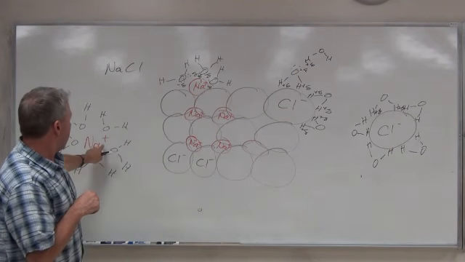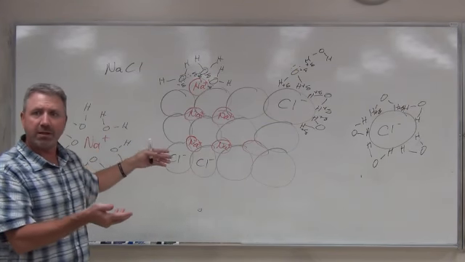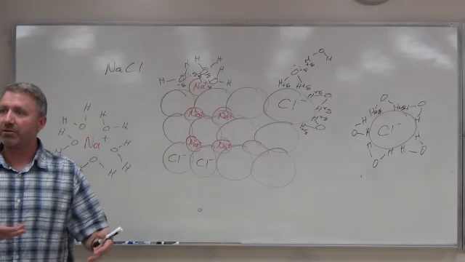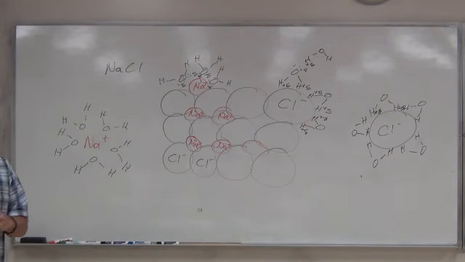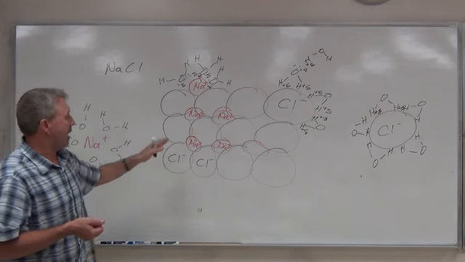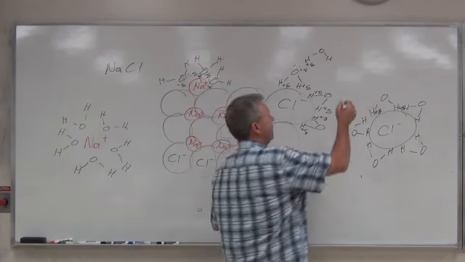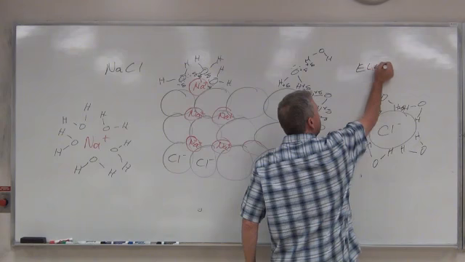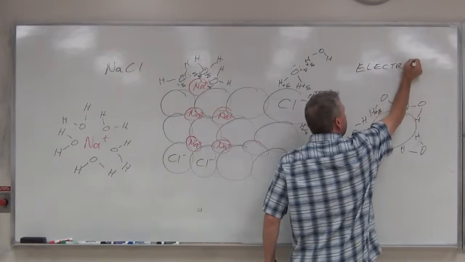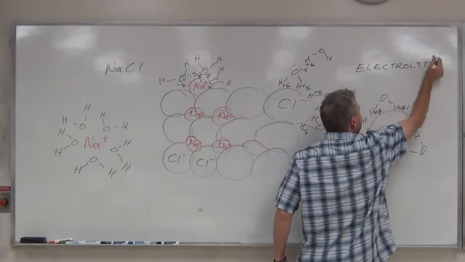And ions that are produced in solution are able to conduct electricity, because you have to have ions in solution to conduct electricity. So anything that produces ions in solution is called an electrolyte.